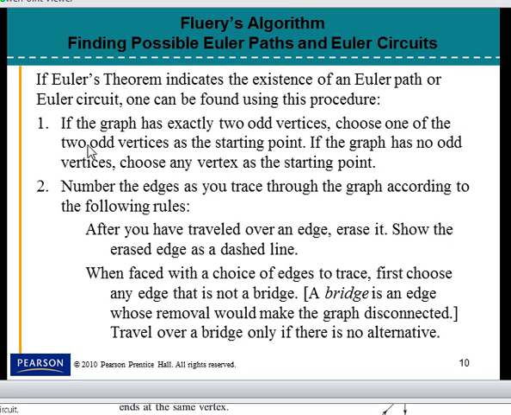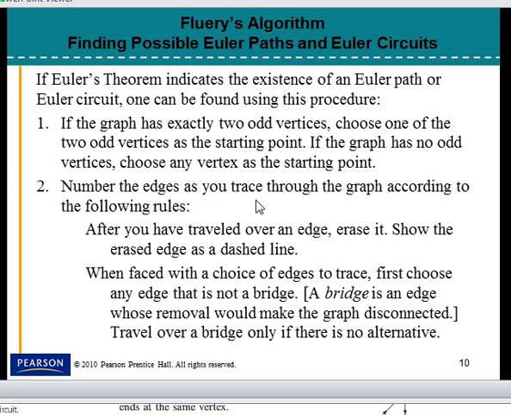Number 1, the first step of Fleury's algorithm: if the graph has exactly 2 odd vertices, choose one of the 2 odd vertices as the starting point. If the graph has no odd vertices, choose any vertex as the starting point.